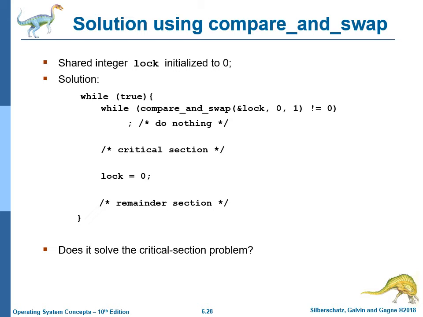Alright, so bila dua function ni run secara atomically, the mutual exclusion can be provided as follows. They have a variable lock.